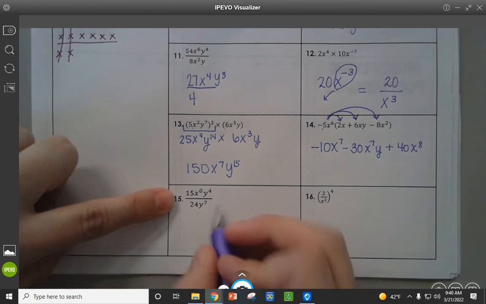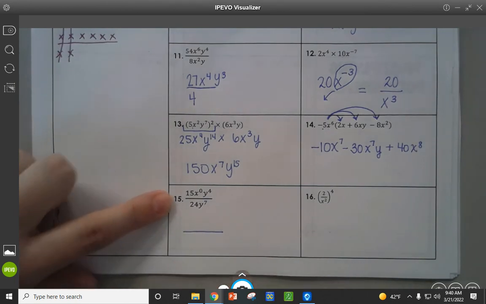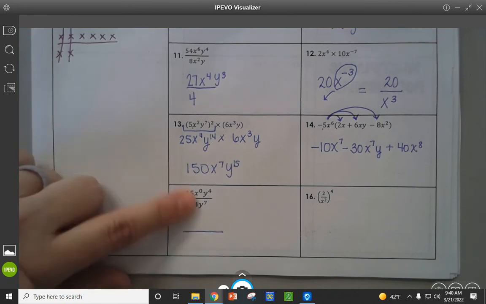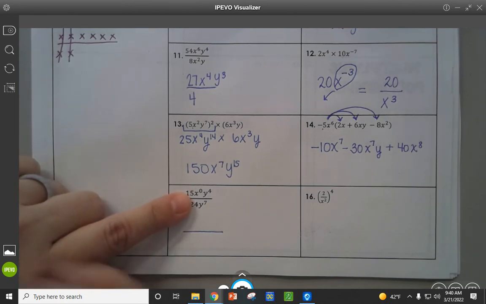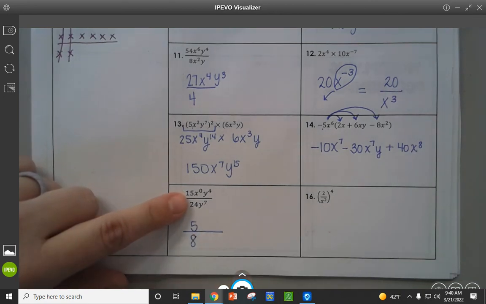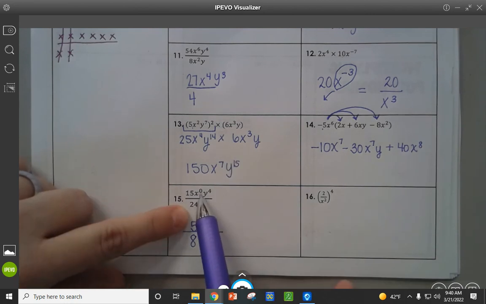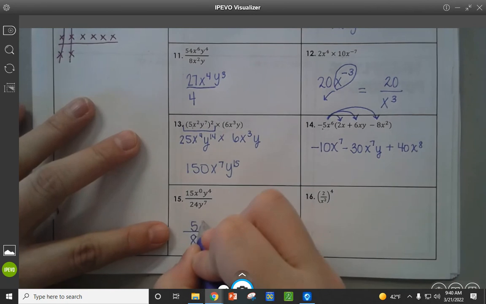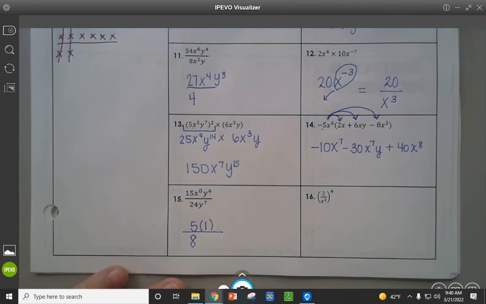All right, number 15. I see a fraction, so I'm just going to go ahead and know I'm going to make a fraction bar. What does 15 over 24 simplify to? 5 over 8. Now, my x is, what is x to the 0? 1. That's just 1. And I don't have any x's on the bottom, so that was all I had.